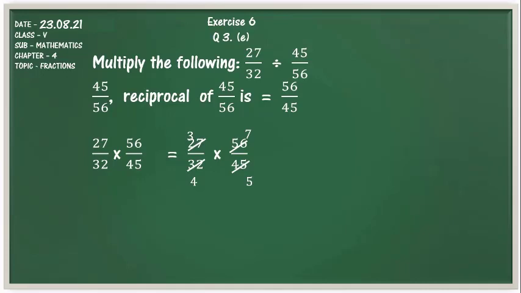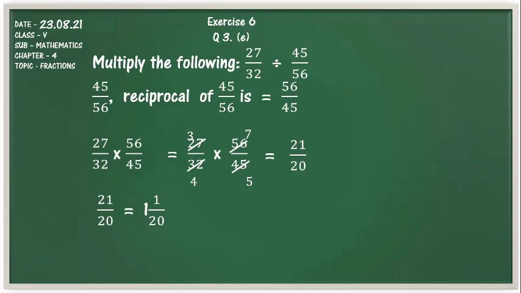So multiplying 3 and 7 together gave us 21 and multiplying 4 and 5 together gave us 20. So the fraction which we got is 21 by 20. 21 by 20 will be our answer. But if we want, we can convert this fraction into mixed form also. After converting them into mixed form, we can write this as 1 whole 1 by 20.